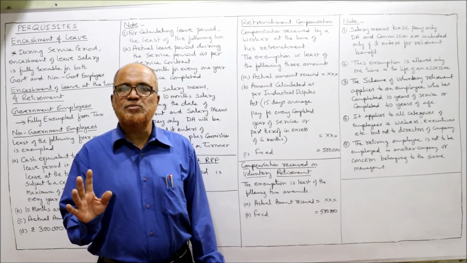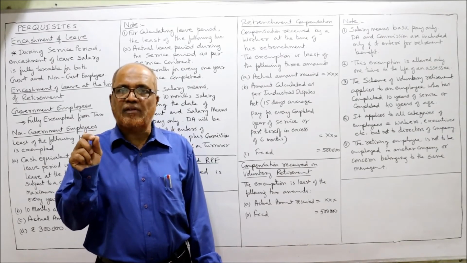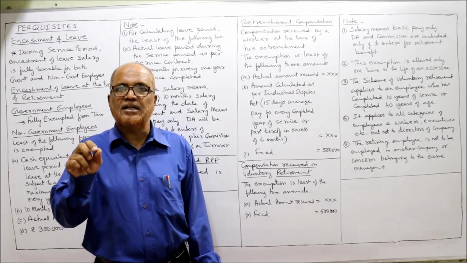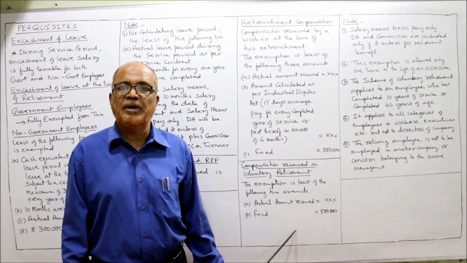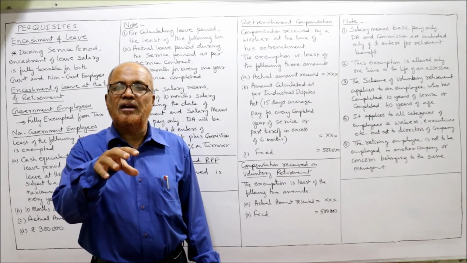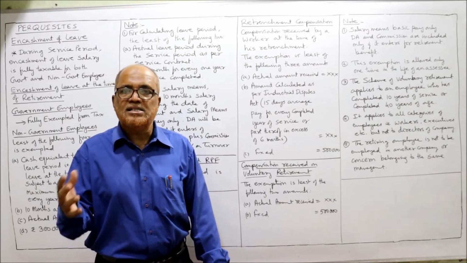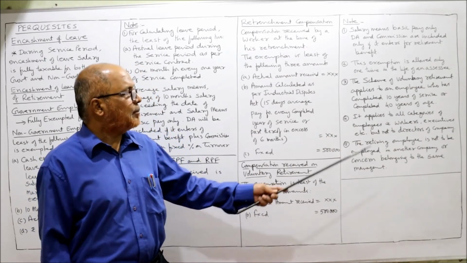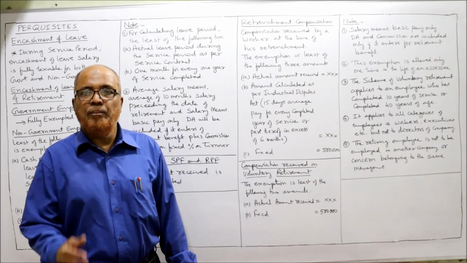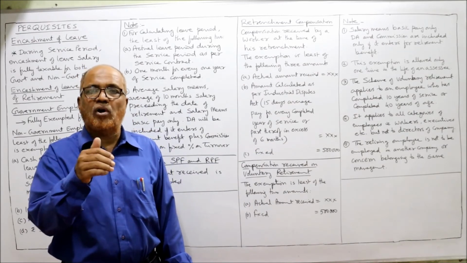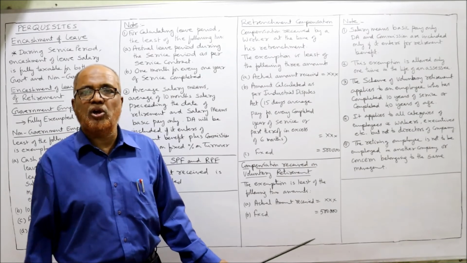Any one of the conditions must be fulfilled. If he has completed 10 years of service, then only this exemption will be allowed. If he has given voluntary retirement before 10 years of service, exemption will not be allowed. Secondly, he has completed 40 years of age. Below 40 years of age, if he has given voluntary retirement, exemption will not be given.